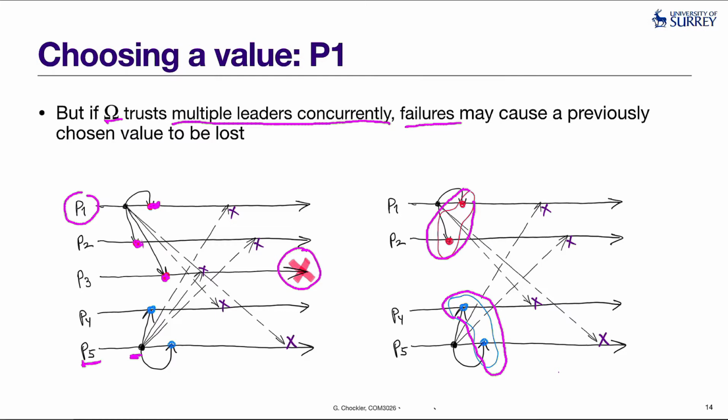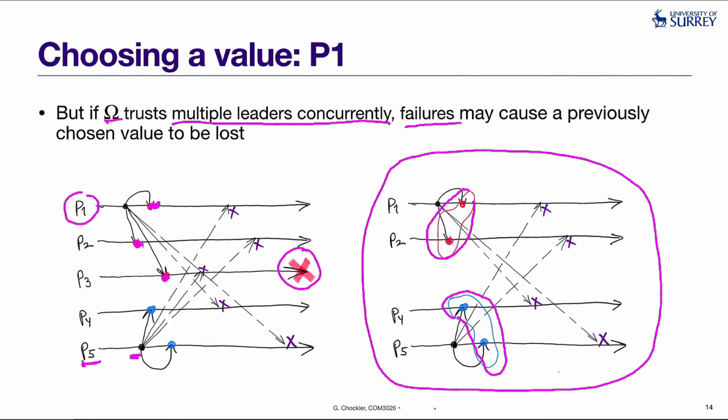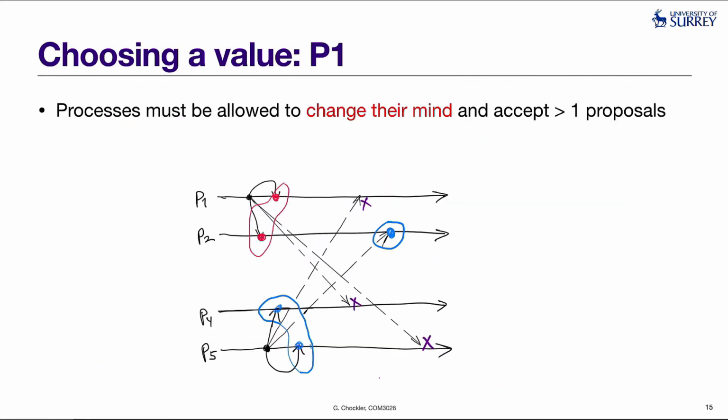Okay, so we don't have enough evidence looking at the system on the right to determine which value was actually chosen. So how can we solve this problem while maintaining the property P1 shown in this slide?